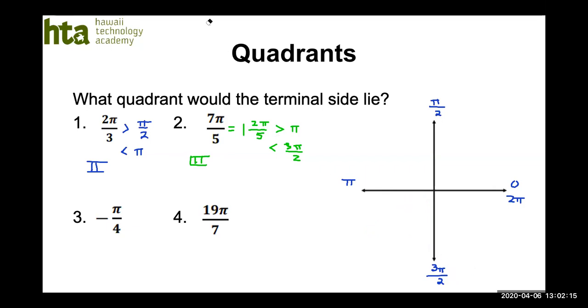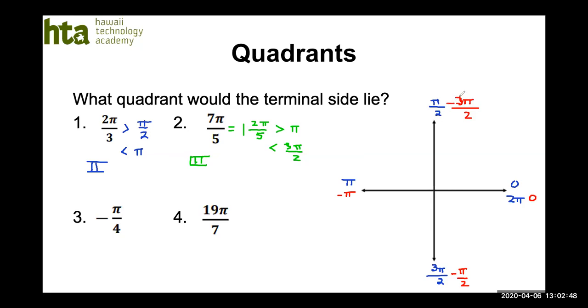All right, number 3, switch colors. We have negative pi over 4. Remember, when we talk about negatives, it's going clockwise now. So it's opposite, just like when we did angles. So when we go negative, this is 0. This is negative half pi. This is negative pi. And this is negative 3 pi over 2.